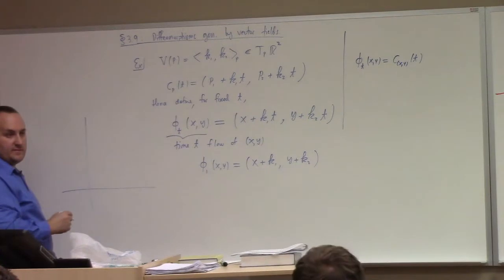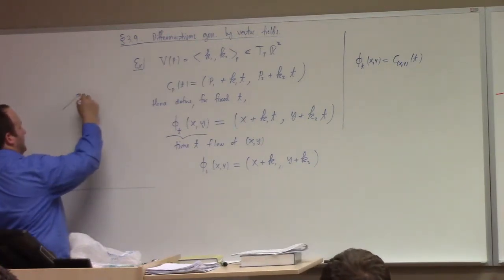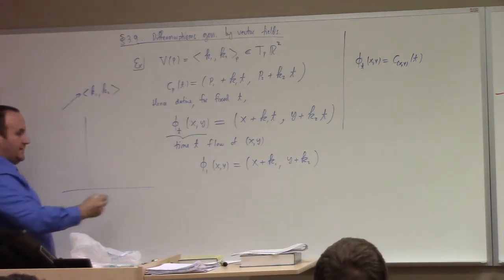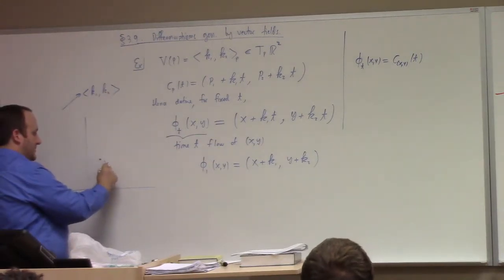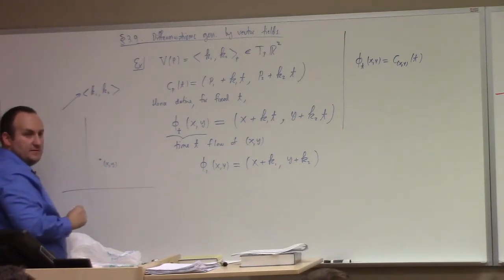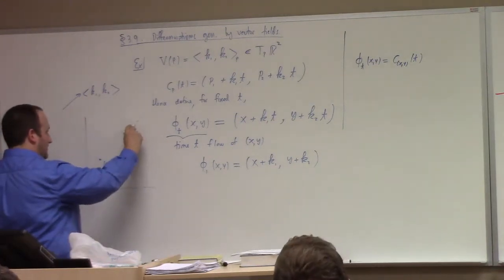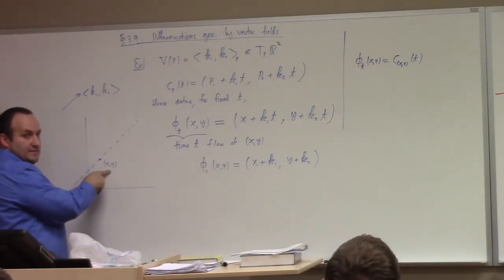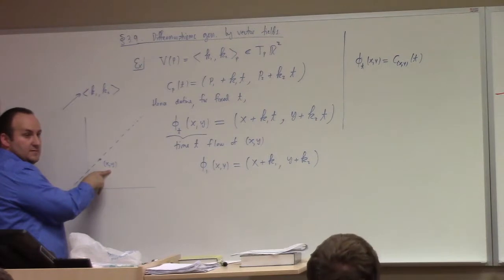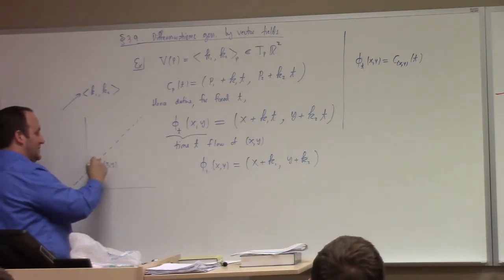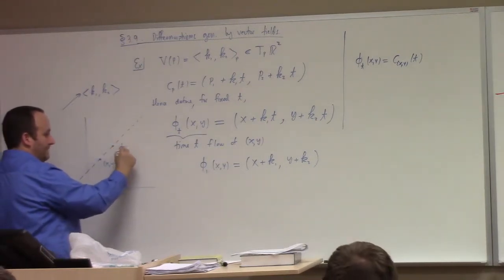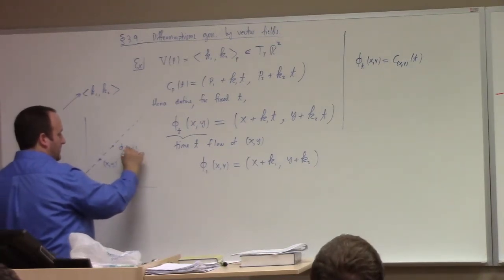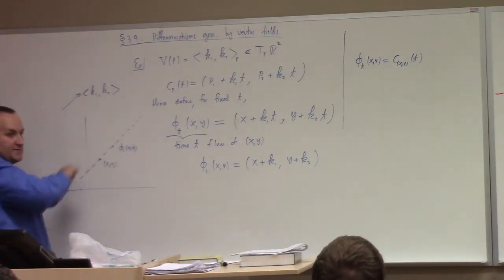Suppose that the vector field k looks like this. You pick a point, x comma y, and then you can look at the flow of this point along the integral curve. After 1 unit of time, you flow up here, and so forth. You flow along the integral curves.